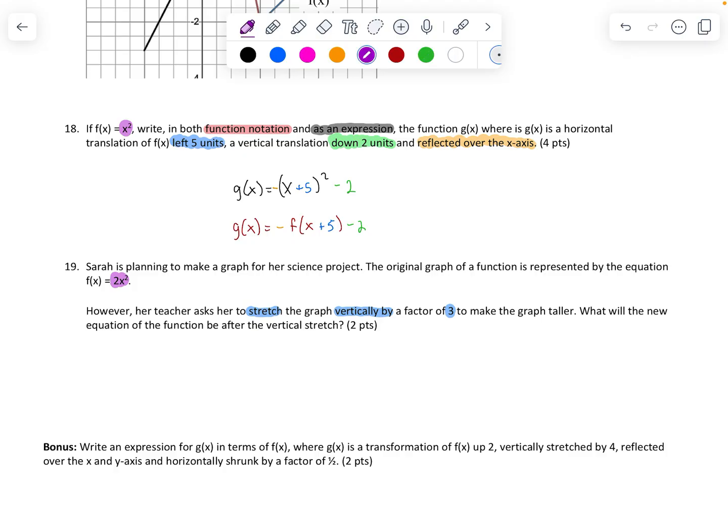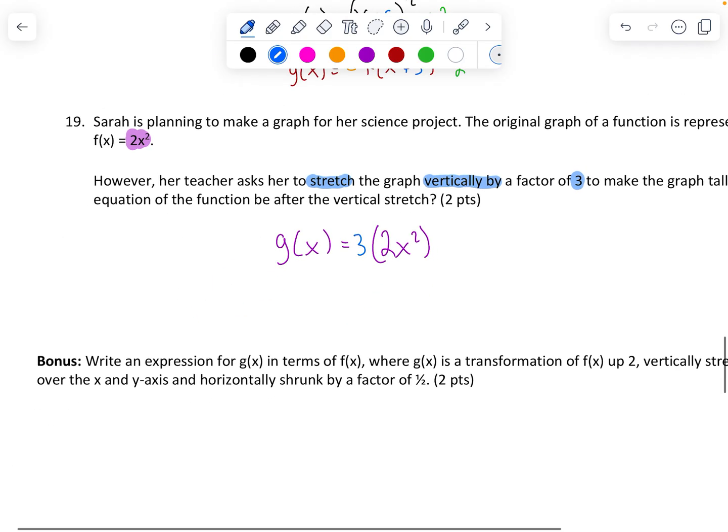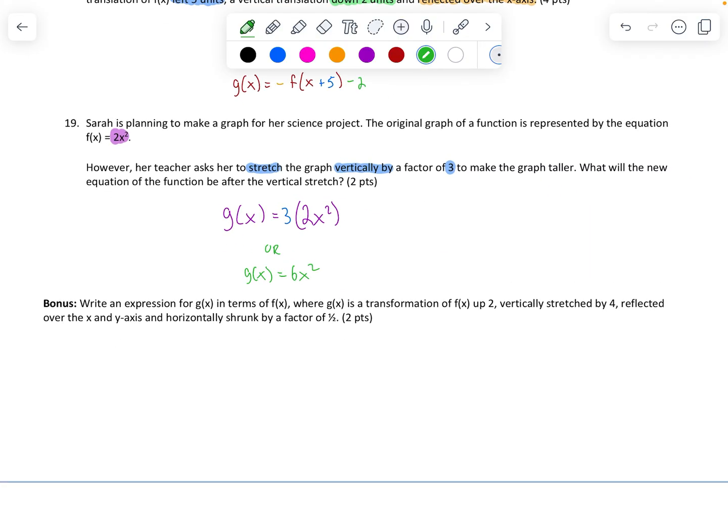So we're going to take a new function, g of x, and it's equal to the old function, 2x squared, and then just multiply that by 3. And that's all you have to do. And if you really wanted to, you could write it like this. You can multiply the 3 and the 2 to get 6x squared. So either way you want to write it is fine.